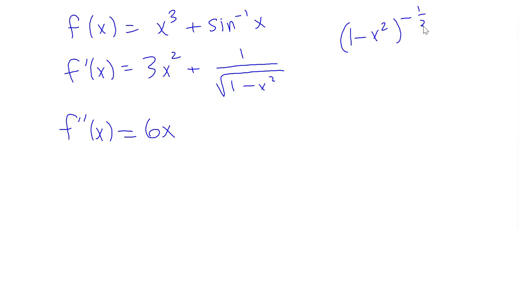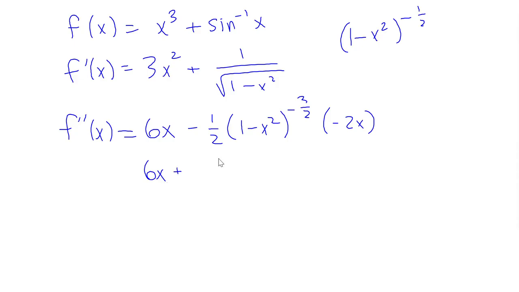So I can just use the chain rule on that, right? U to the negative 1/2. So it becomes minus 1/2 of 1 minus x squared to the negative 3/2. And then I have to multiply that by the derivative of 1 minus x squared, which is negative 2x. And so when I simplify this out a bit here, I get 6x. The negative 1/2 with the negative 2x should cancel out.